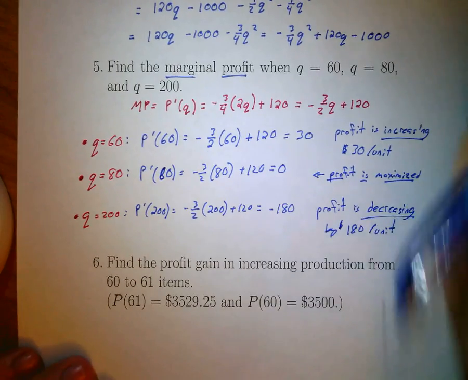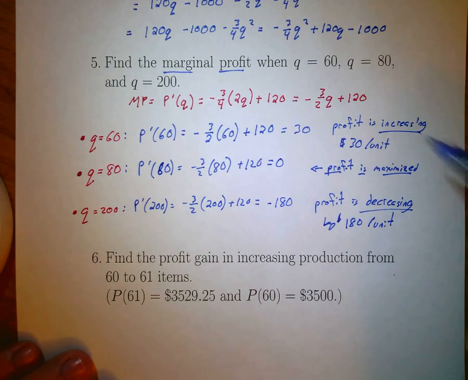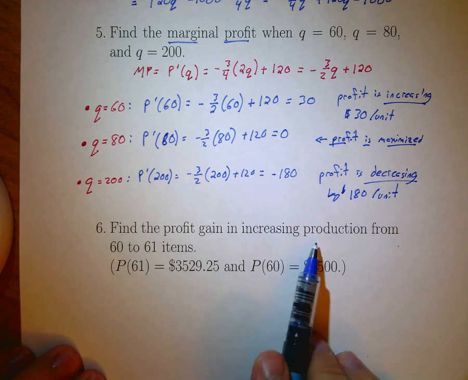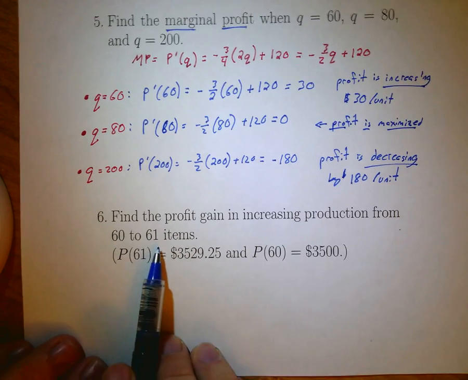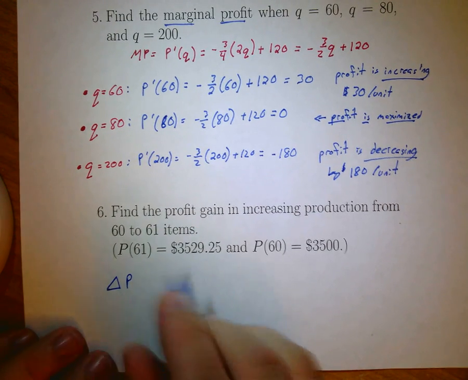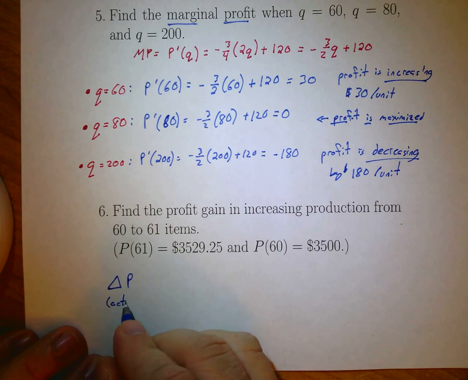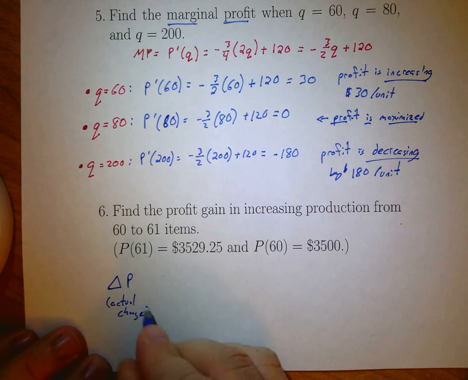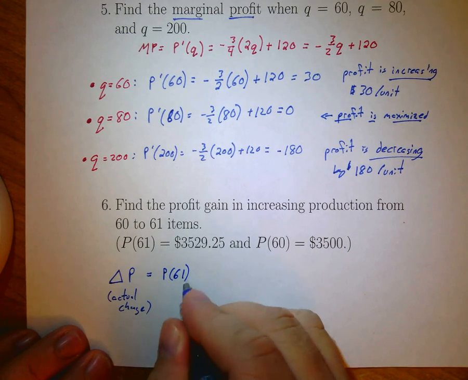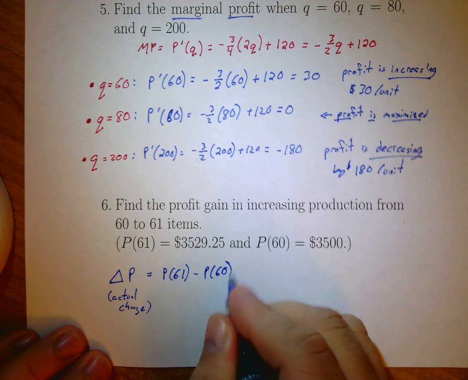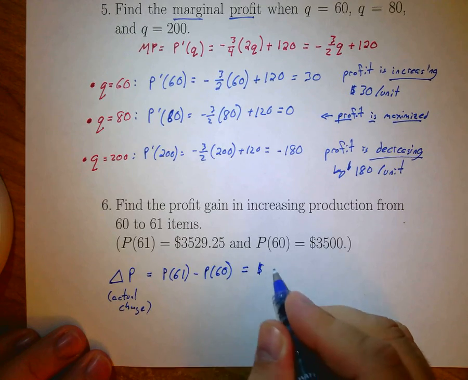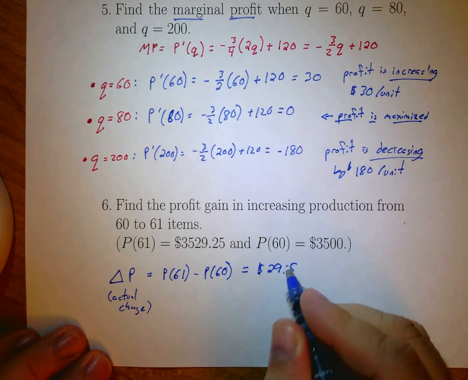Okay, so now let's figure out how to interpret what these things mean. If I want to find the profit change from 60 to 61, the actual change is going to be equal to P of 61 minus P of 60, which is equal to $29.25.